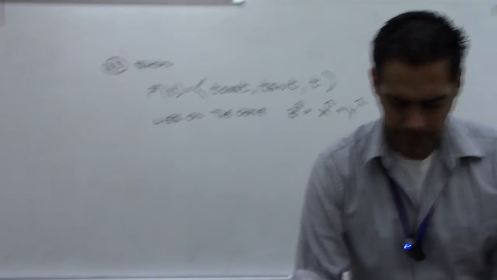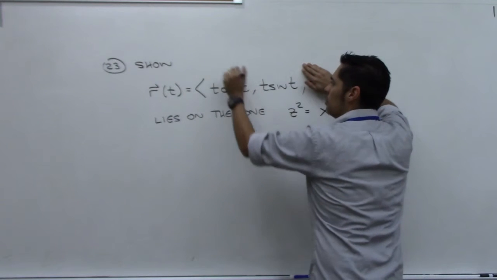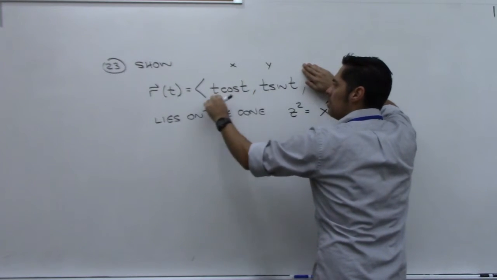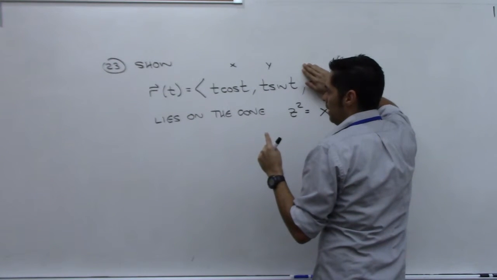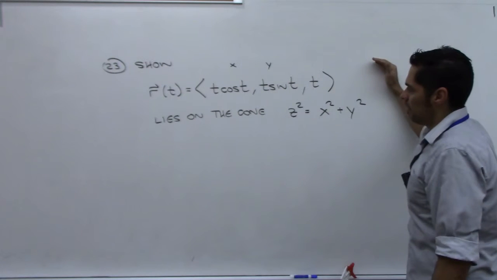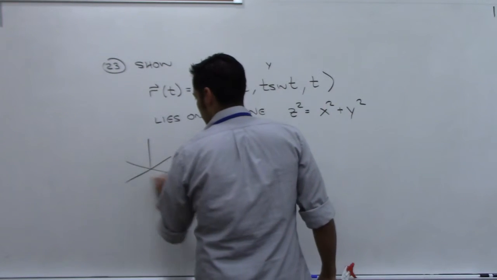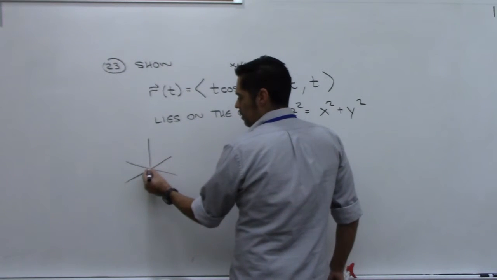All right, so this right here, remember, would draw a circle in the xy plane with an increasing radius. So that's going to be that spiral looking thing in the xy plane. But then our z coordinate's getting bigger and bigger. In the xy plane, which is the ground, it's trying to draw the circle, but the z is getting bigger.